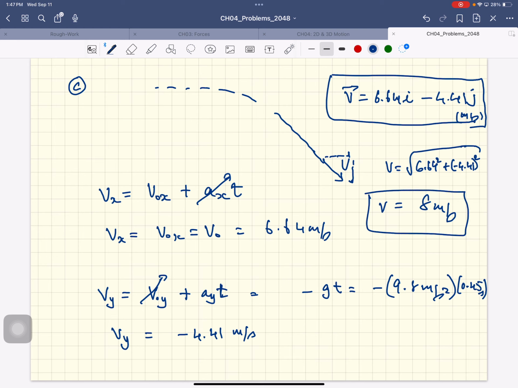So it hits the ground at that speed. Okay, and let's find the angle as well.